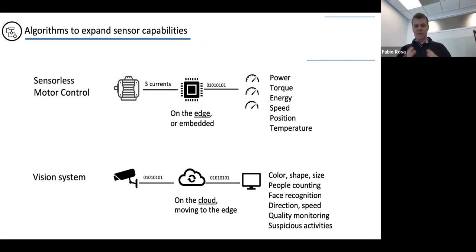We have something in the middle, like an embedded solution, that is going to read, in this case, from the electric motor, just 3 currents. Okay, you have 3 voltages, you read the three currents, and based on that, you have an advanced algorithm, and this algorithm can use the model to estimate the mechanical power, the torque, the energy we spend, the speed, the position, the temperature, just to mention some of them.